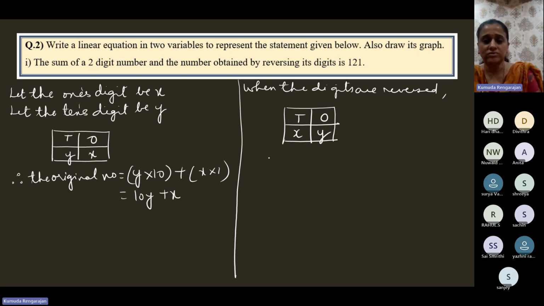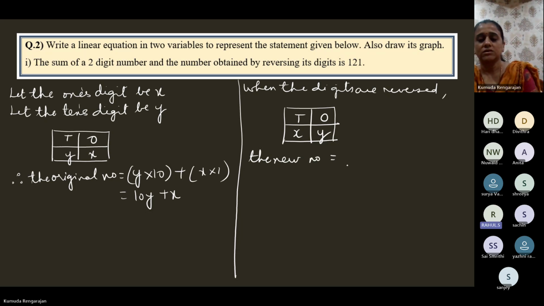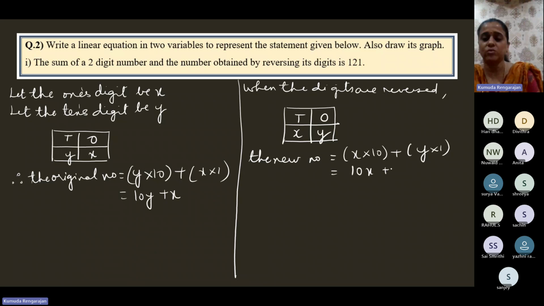When the digits are reversed, the new number is x into 10 plus y into 1, which is 10x plus y. Now we have got the expressions for the original number and the new number.